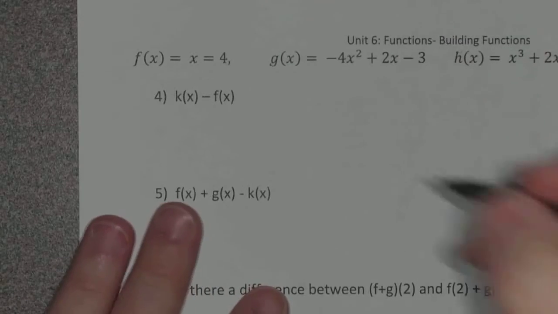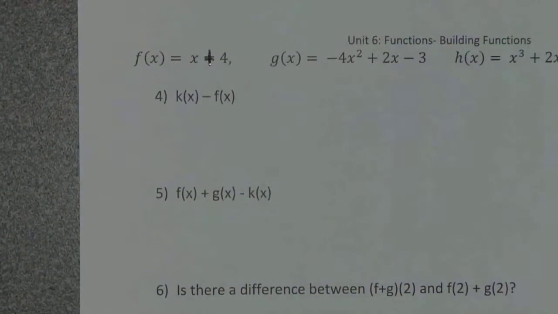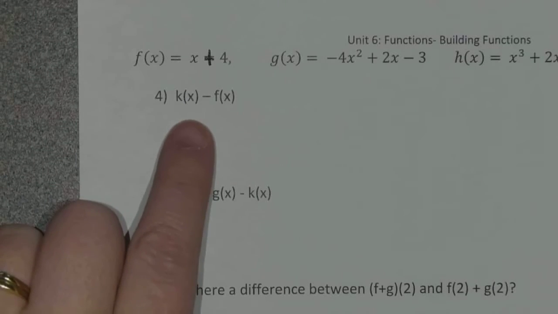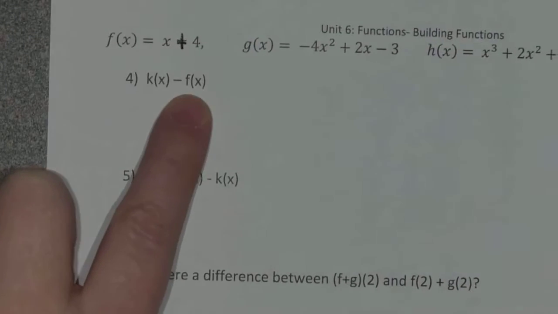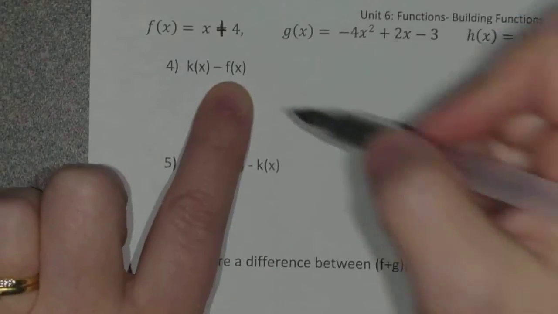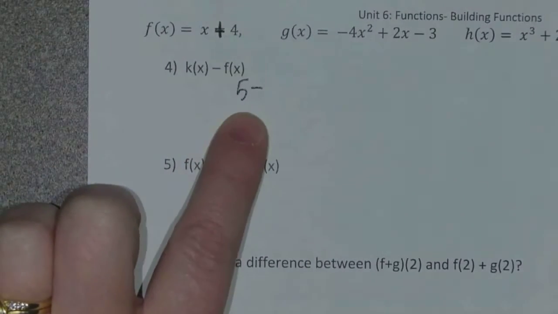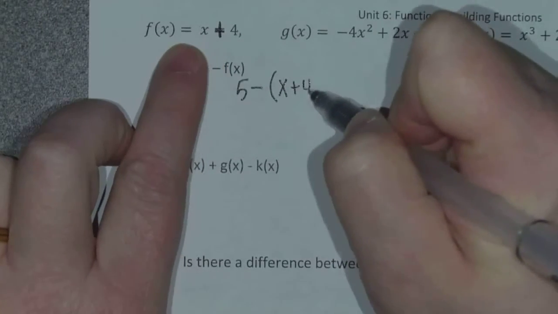Again, I recopied the functions over here for you, so that equal sign is supposed to be a plus sign over there. Sorry about that. And then this time on number 4, I asked you to do k of x minus f of x. So if you go grab your k of x, it's 5. And you're going to subtract off your f of x, which is x plus 4.